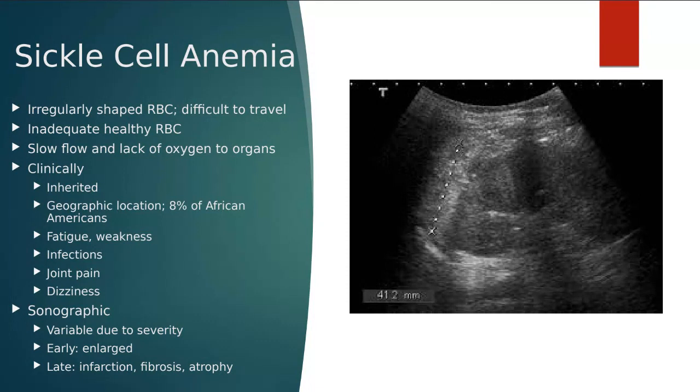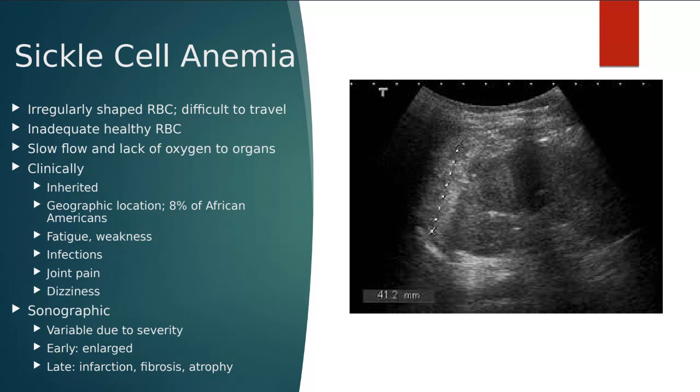And when those cells are no longer nice and round and circular and donut shaped, it makes it harder for them to travel through our vessels. So we basically have an overwhelming amount of poorly shaped red blood cells. We don't have enough normal, healthy shaped red blood cells.